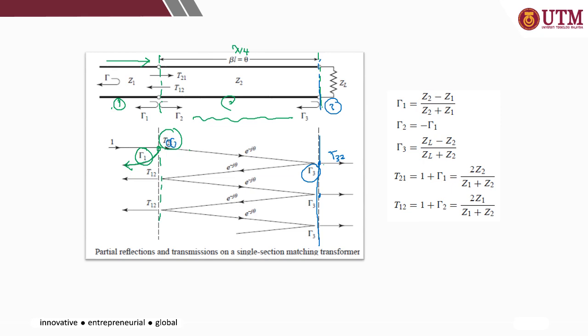You can see that the reflection coefficient and the transmittance value are very dependent on the element connected to it. The reflection coefficient and transmittance from one section to another can be estimated by the following equations that depend on the characteristic impedance at each element. So Z1 at the transmission line 1, and then Z2 inside element 2, and so on.